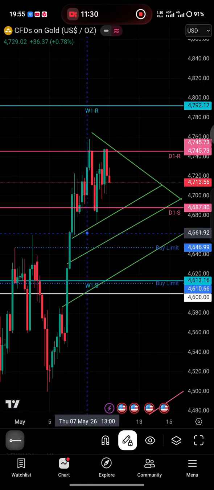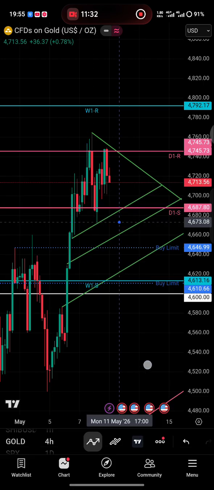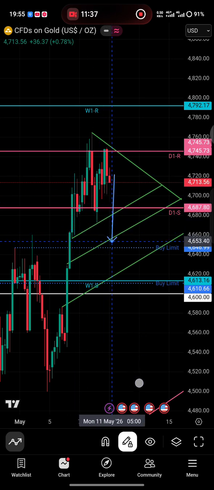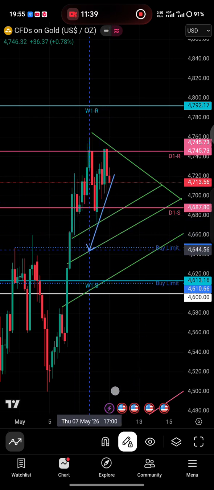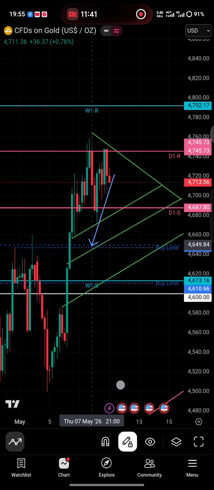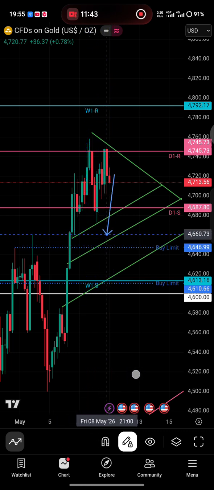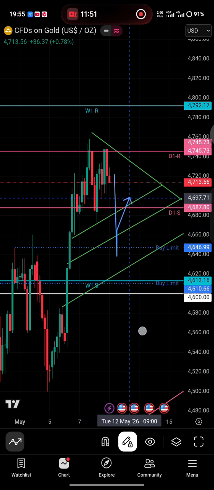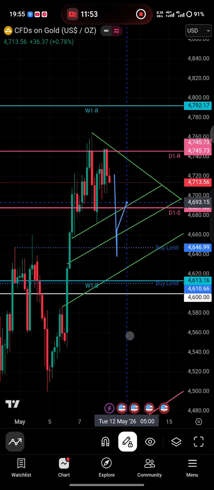So the price has a chance of dumping past this support, pushing down to form a new low, which would be around this triangle over here. Which means it has a chance of pushing down all the way to form a wick before pulling back up and forming another bullish price action, correct?